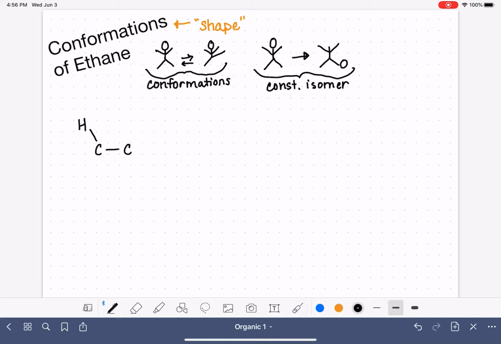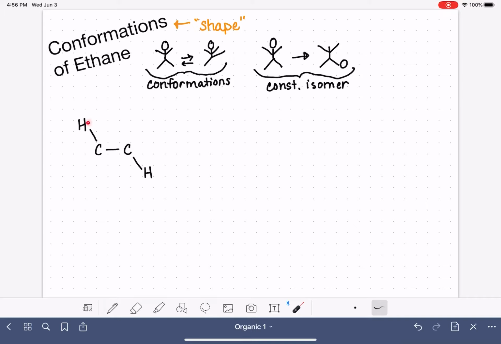And then, and this might require you to twist a little bit, I want you to add another hydrogen to this carbon over here, and I want you to add it so that it is pointing down, opposite in direction from the first hydrogen that you added. And again, I want all four of these atoms to be flat in a plane parallel to the plane of your table or your desk.